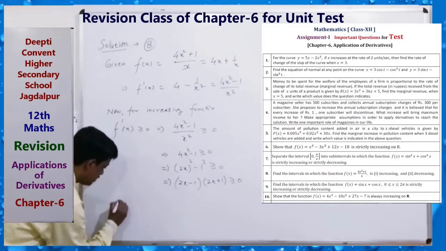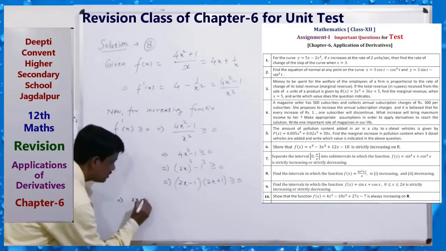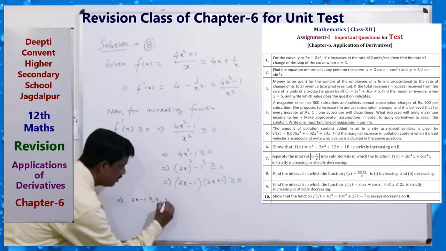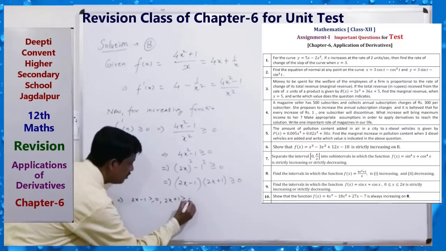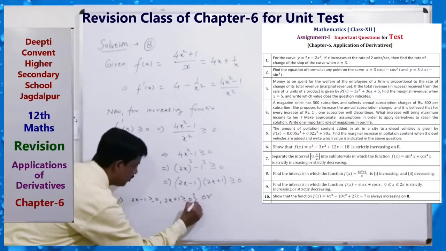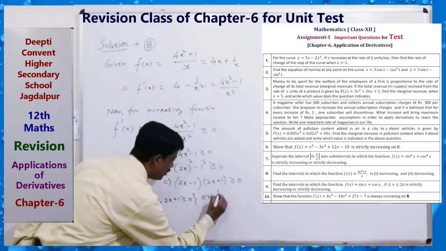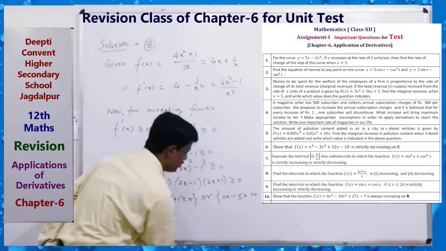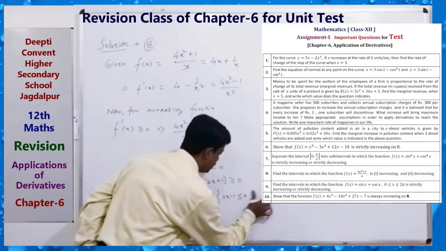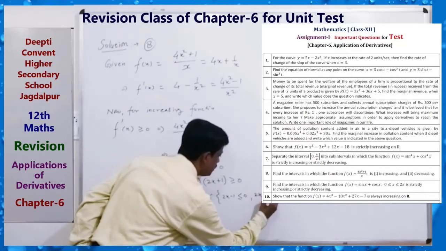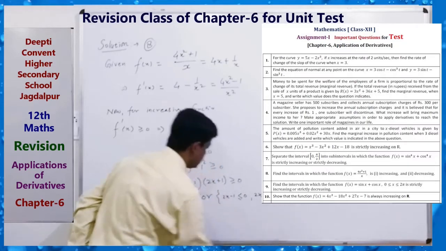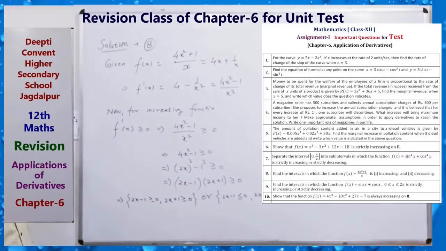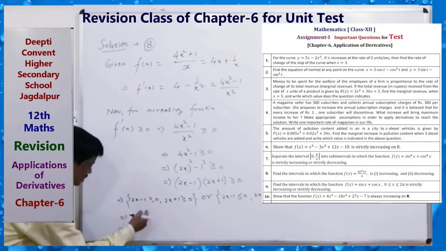This implies 2x minus 1 is greater than or equal to 0 and 2x plus 1 is greater than or equal to 0, or 2x minus 1 is less than or equal to 0 and 2x plus 1 is less than or equal to 0. From here we can find the solution.